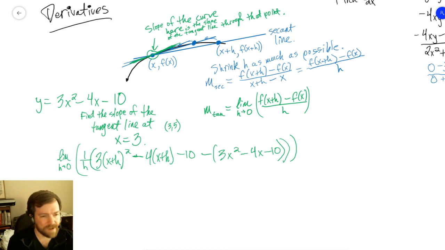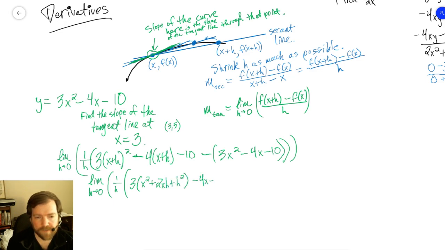So we get the limit as h approaches 0 of 1 over h times the quantity. This is now going to be 3 times the quantity x plus h squared, which is going to be x squared plus 2xh plus h squared, minus 4x minus 4h minus 10, minus 3x squared plus 4x plus 10.